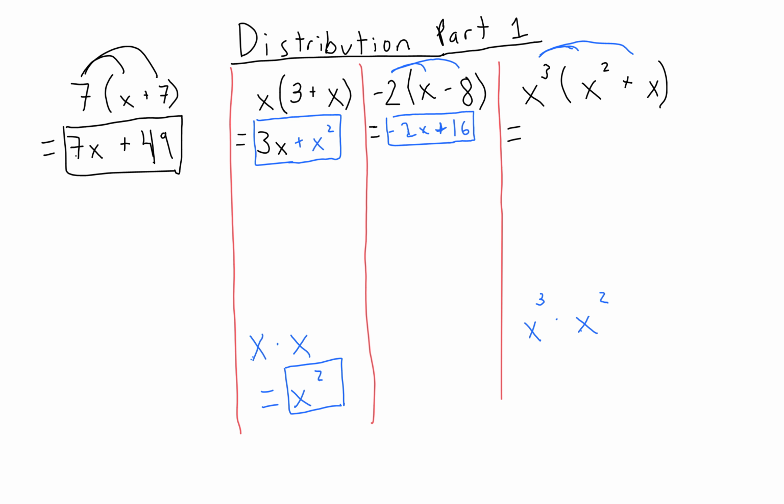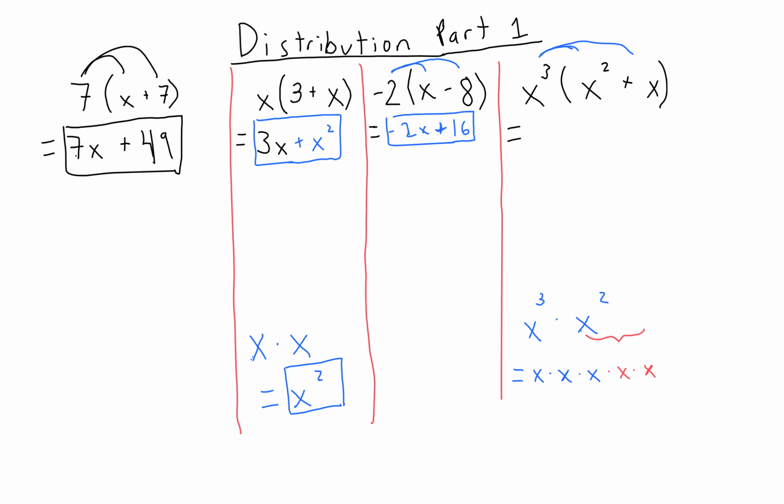Do we multiply the 3 and the 2? Well, let's be a little more formal with this. We have x cubed, so we have 3 x's. And then we have 2 more x's from the x squared.